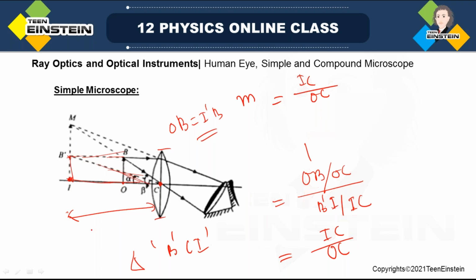We have taken that the image is formed at the least distance of distinct vision, and that too with a negative sign, so IC will be negative D. And OC is actually the object distance. If I say that is U, then this is minus U.